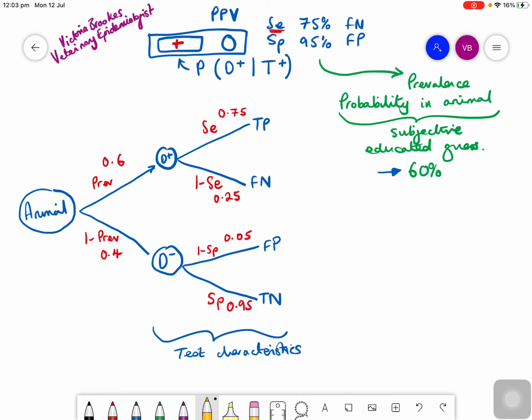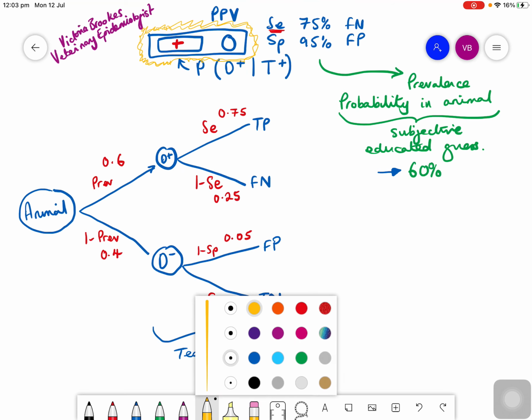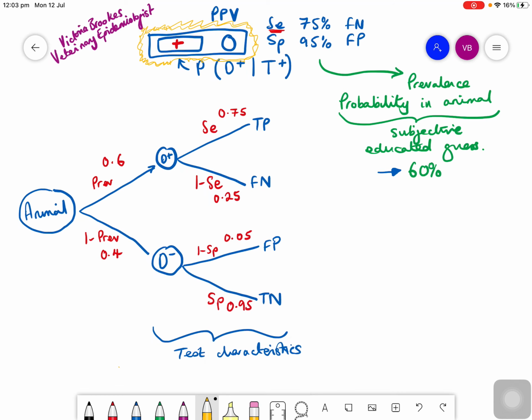Right, so we got a positive test result though, and so we're particularly interested in whether this is truly a diseased animal. From our decision tree, we can already see that there are two ways in which we can get a positive test result. We can have a positive test result here or a positive test result here. So true positives and false positives. So let's now calculate our positive predictive value.